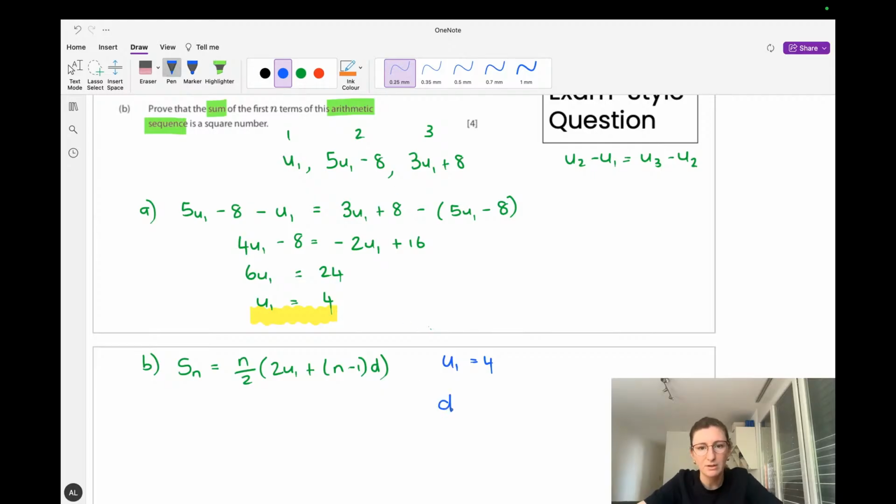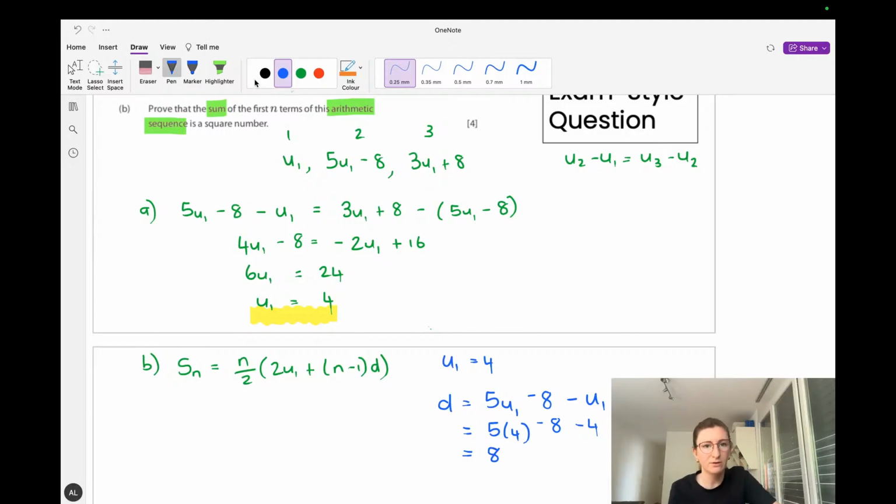Okay, so our common difference must be 5u1 minus 8. That's our second term minus our u1. That would give us our common difference, again, taking the second term minus the first term. And we know that u1 is 4. So 5 times 4 minus 8 minus 4. So that's 20 minus 8, which is 12, minus 4, which is 8. So our common difference is 8.